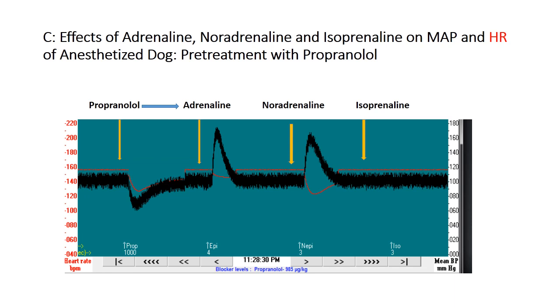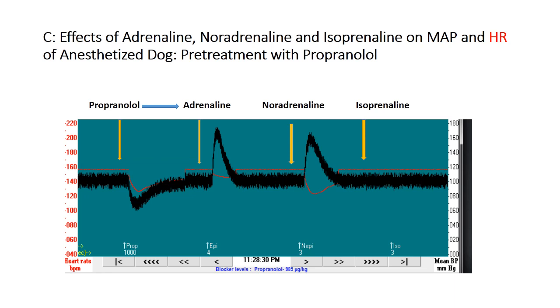When propranolol is followed by adrenaline, the biphasic response is converted into a uniphasic pressor response only, with no depressor response. That means in the presence of beta blocker, adrenaline only shows alpha agonistic activity.